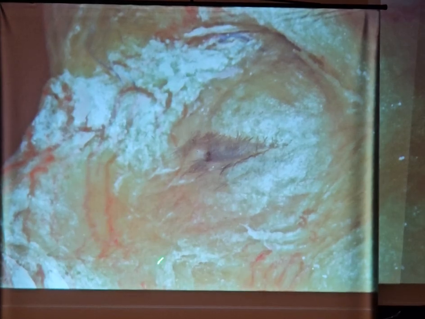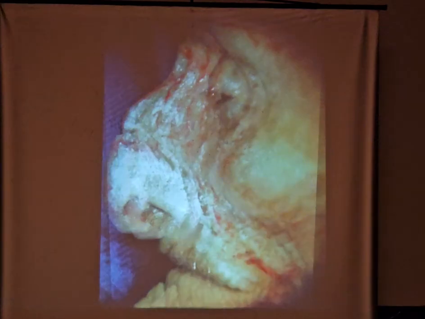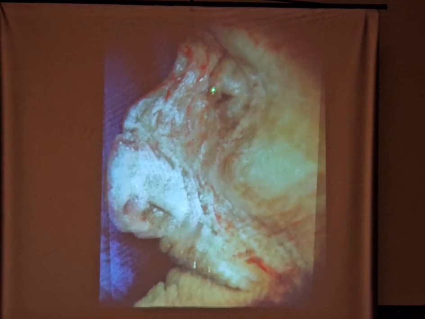We have a magnification. If we diminish the magnification, we can follow now the facial artery, ending here in the angular artery, anastomosing with the supratrochlear artery.